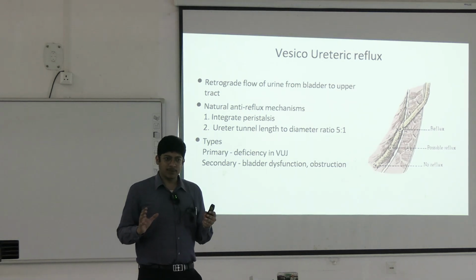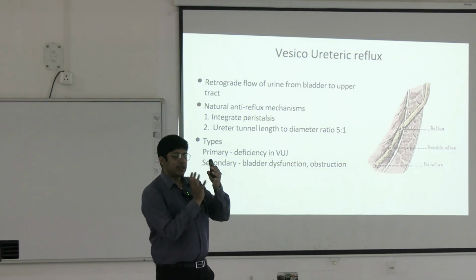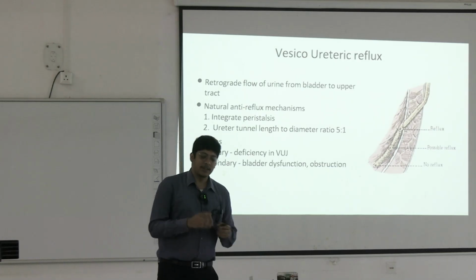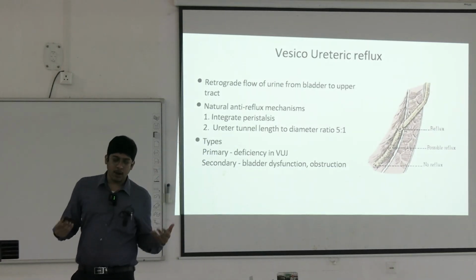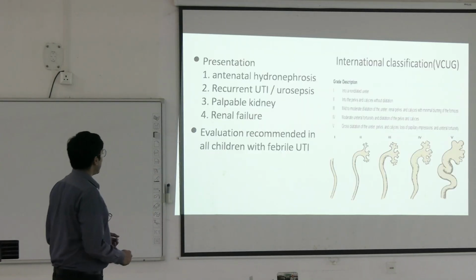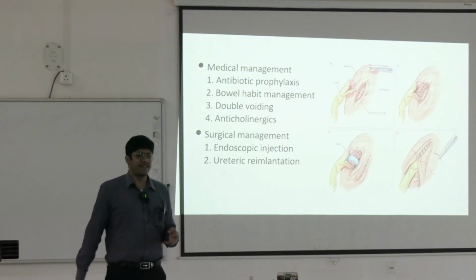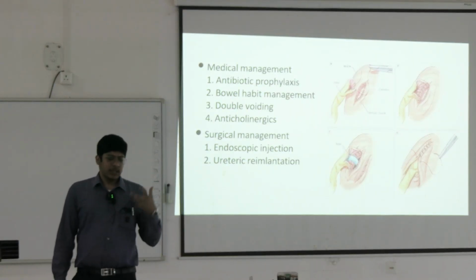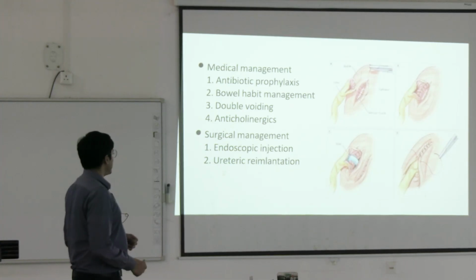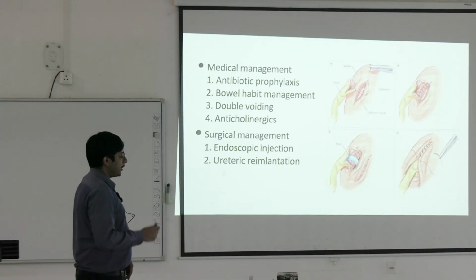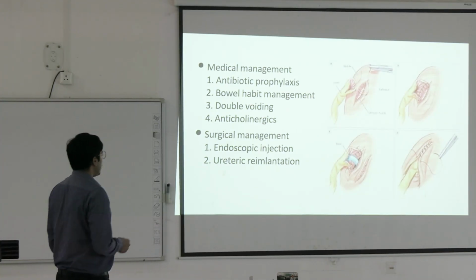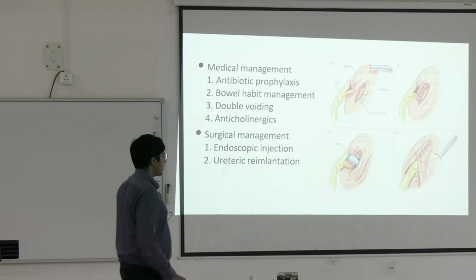Did you understand what I am saying? So it increases the pressure right outside the ureteric orifice. So this again is an endoscopic management. It's called deflux injection, a submucosal injection below the ureter, and the gold standard treatment is ureteric reimplantation. Okay.